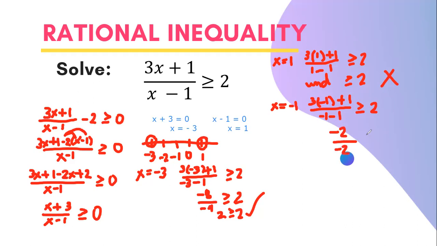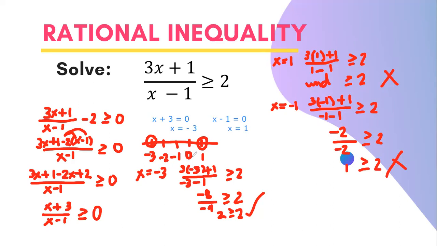It's negative 2. And what is negative 2 divided by negative 2? It's positive 1. And looking at that, is positive 1 greater than or equal to 2? No, that is not correct. So meaning negative 1 is not part of the solution set.